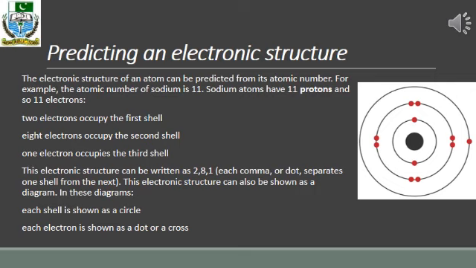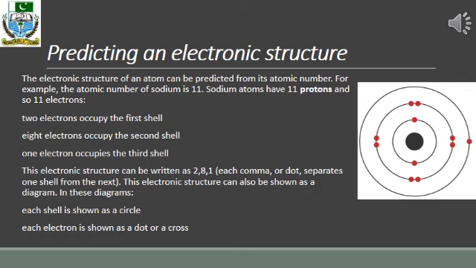Out of 11 electrons, 2 electrons will move to the first shell. Now we have 9 remaining electrons. So 8 electrons will move to the second shell, because the second shell has a maximum capacity of 8 electrons. So 2 in the first shell and 8 in the second shell.